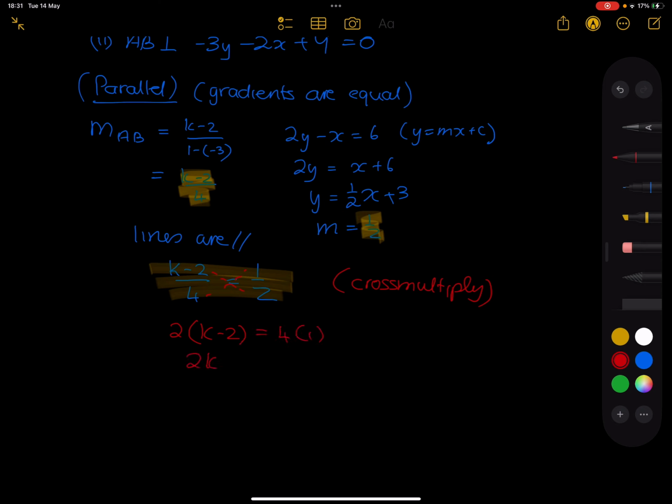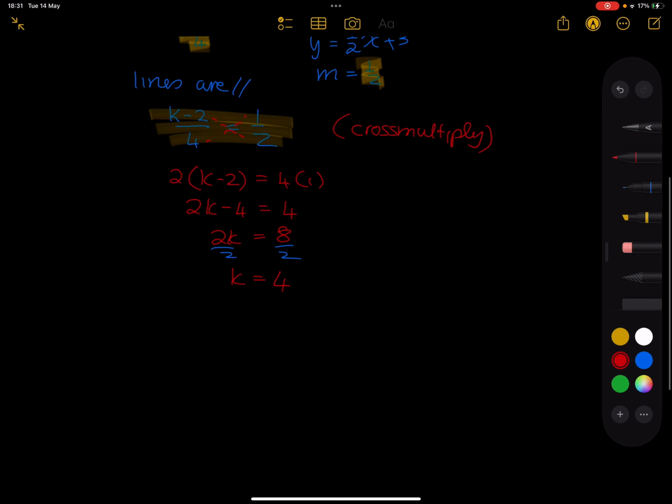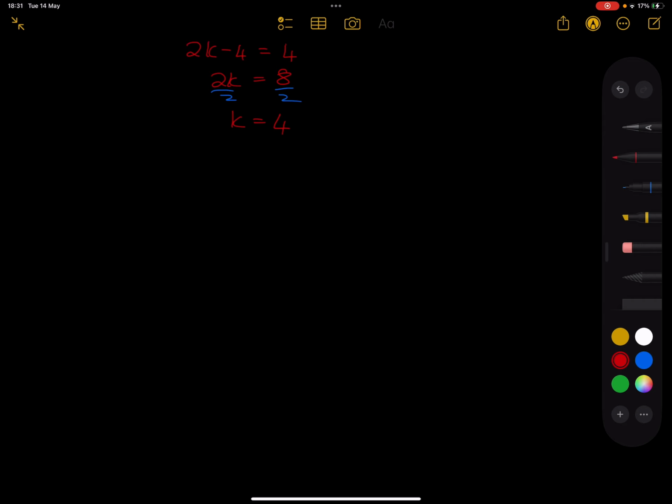So 2K minus 4 is equal to 4. And 2K is then equal to 8. Then I divide by 2, and then K is equal to 4. Have it? Yes, ma'am. Okay, now we come to the perpendicular ones.